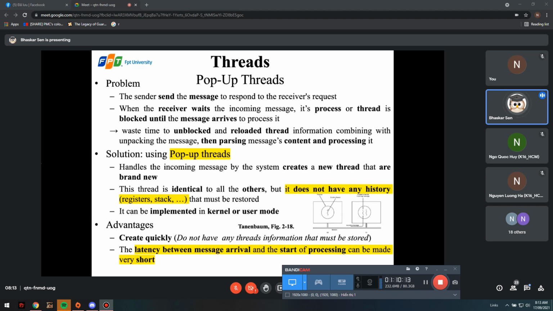And the kernel thread comes from the user mode to the kernel to keep the kernel informed about which particular thread is currently running or has been scheduled. So, to pass the basic information.